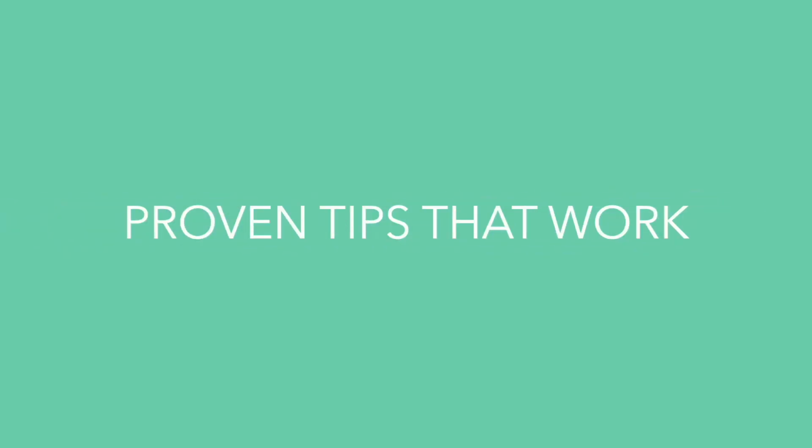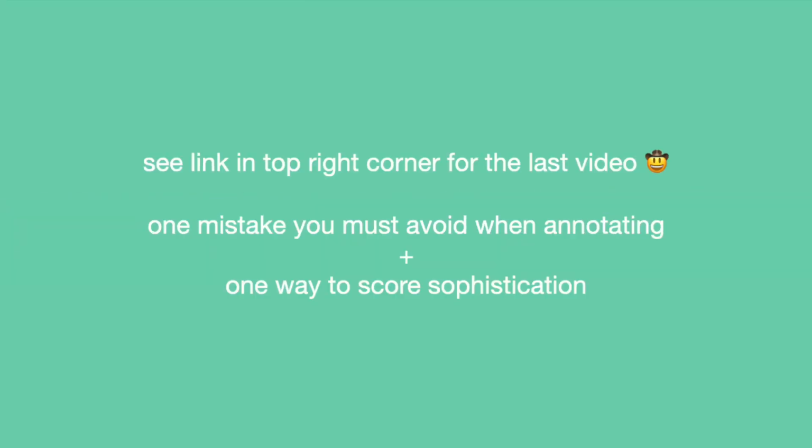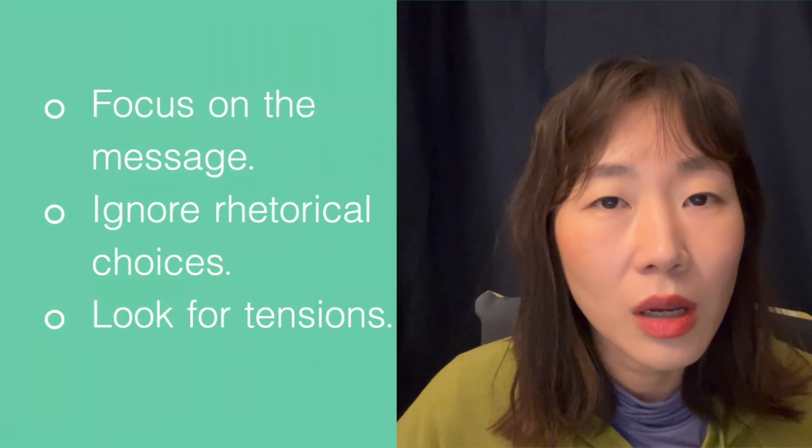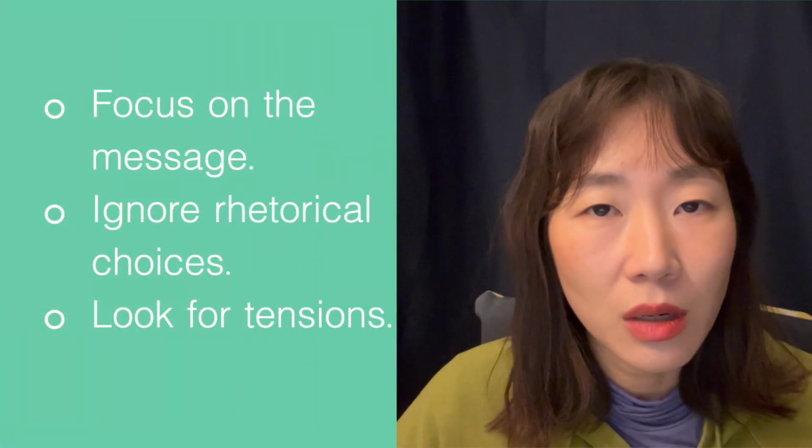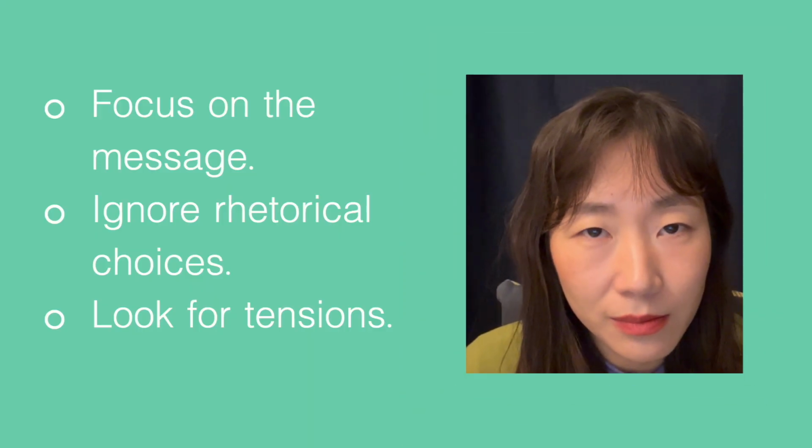In the last video, I talked about one mistake you must avoid when annotating and how to score the sophistication point. I also talked about 3 core principles. Focus on the message. Ignore rhetorical choices. Look for tensions.